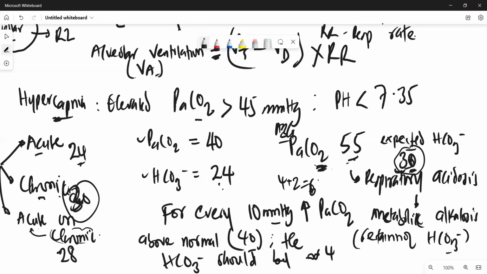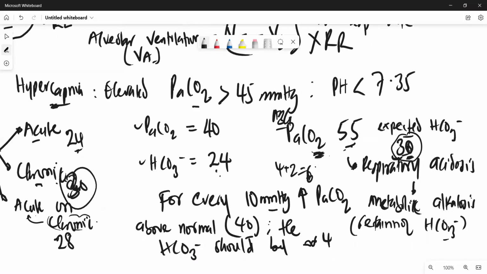So no compensation, likely acute. Appropriate compensation, maybe chronic. And in between, there's partial compensation, so that could be acute on chronic hypercapnic respiratory failure.